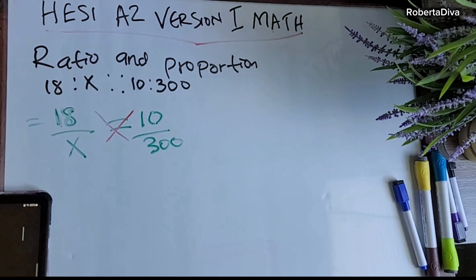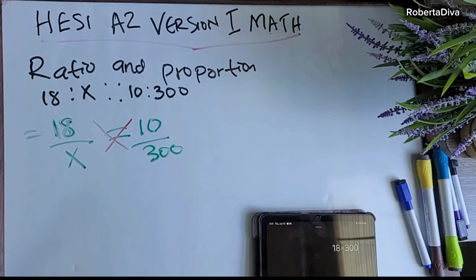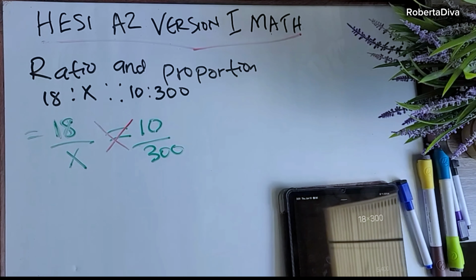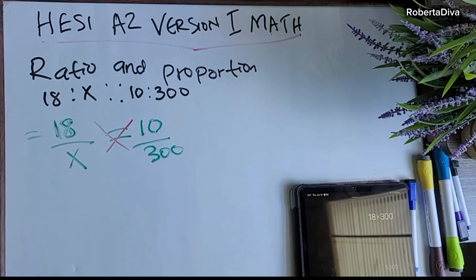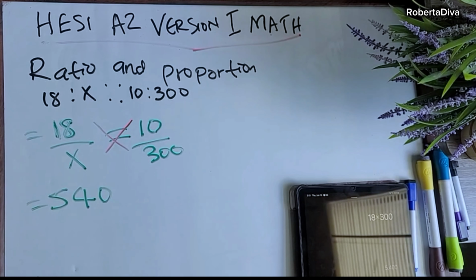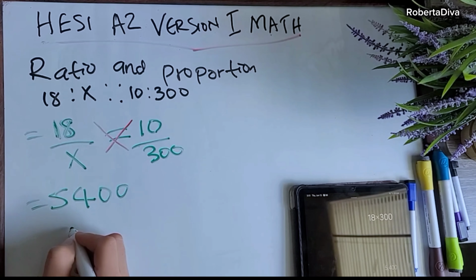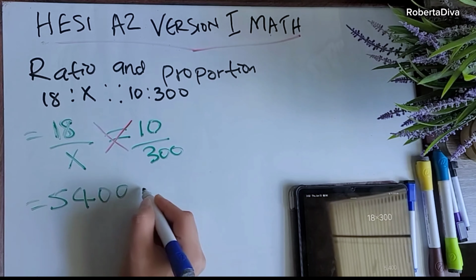You multiply 18 with 300 and then you multiply x with 10. 18 multiplied by 300 will give you 5,400, equal to x multiplied by 10, which gives you 10x.